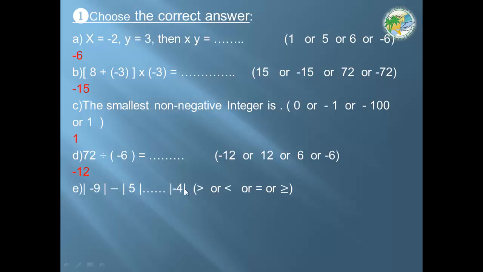Compare between them. I help you. طيب اوكي. طيب هنا دي هتكون 9 minus 5 equal 4. طيب absolute negative 4 equal 4. Then the right answer is equal.